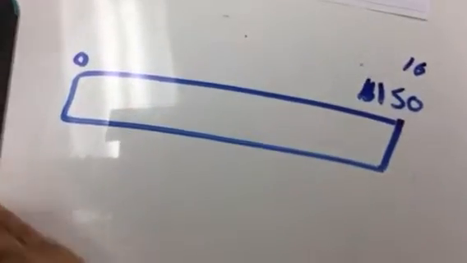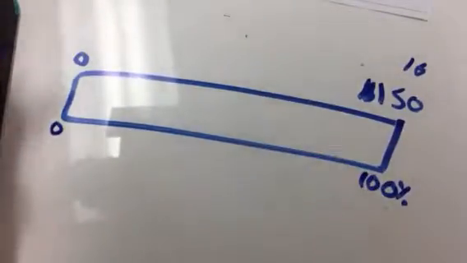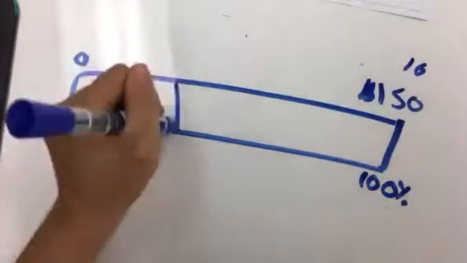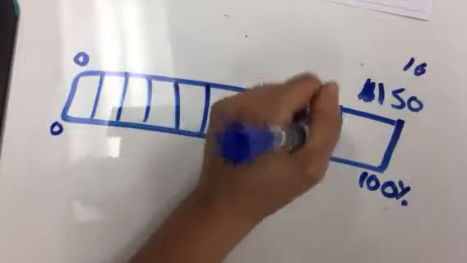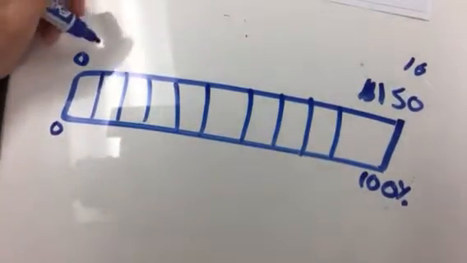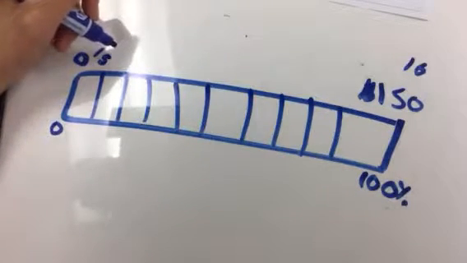And so I'm going to put a 0 here, and then the 100% here, and chop it up into, let's still try, 10 equal pieces. So I know that if you do 150 divided by 10, it's going to be 15.